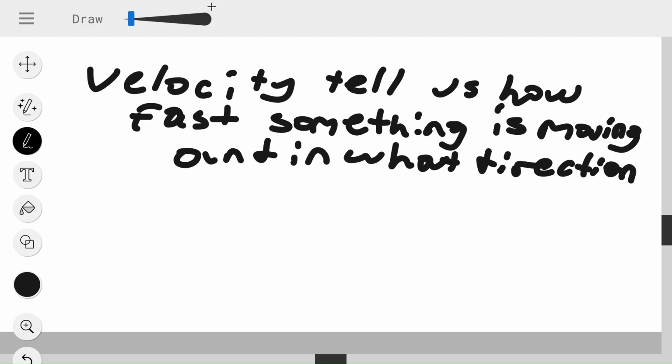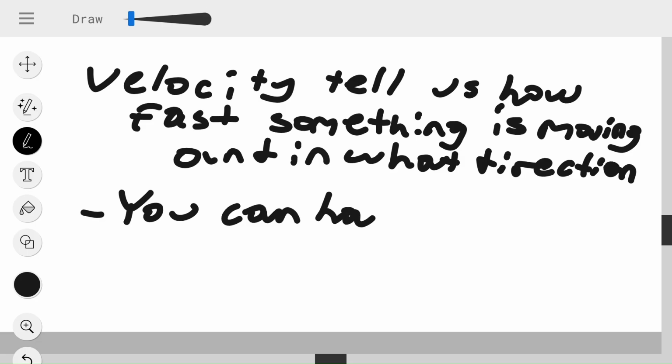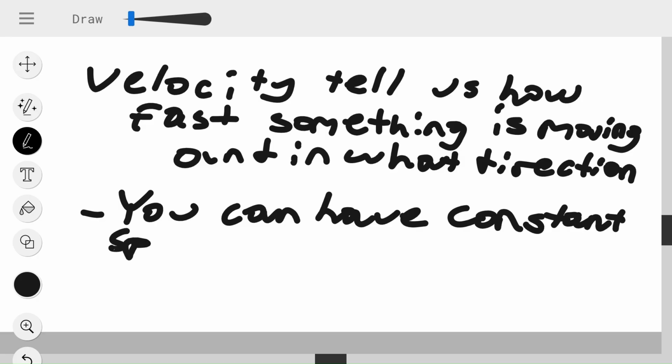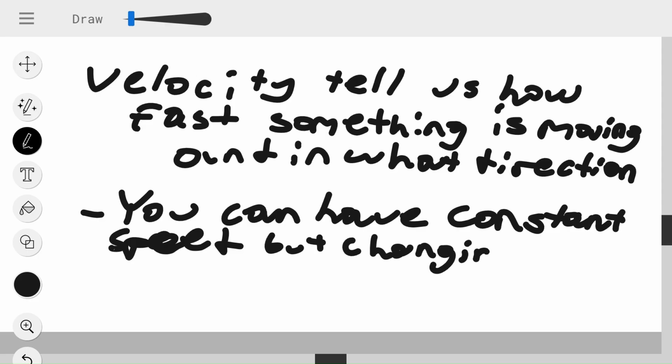And now let's look at an important idea. You can have constant speed but changing velocity. This happens when the direction changes.